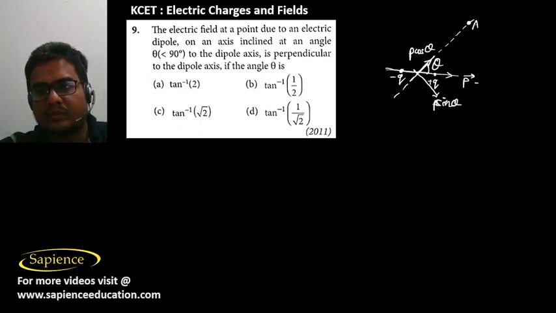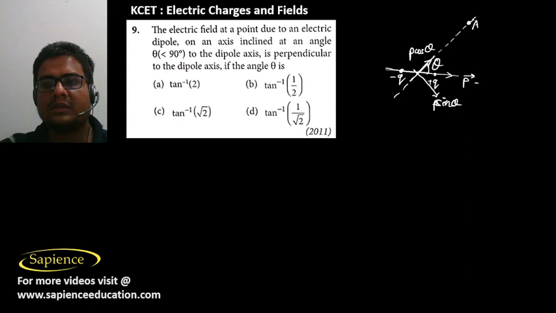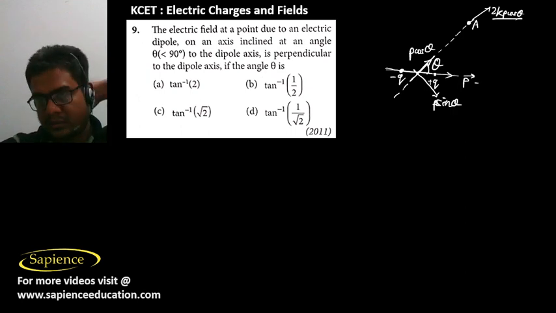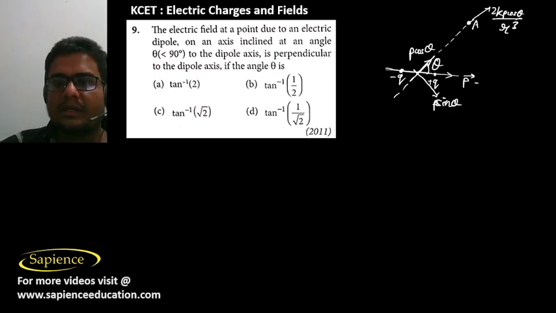So at this point, say A, the electric field due to p cos theta will be 2kp cos theta by r cube, where r is the distance of the point A from the center of the dipole.